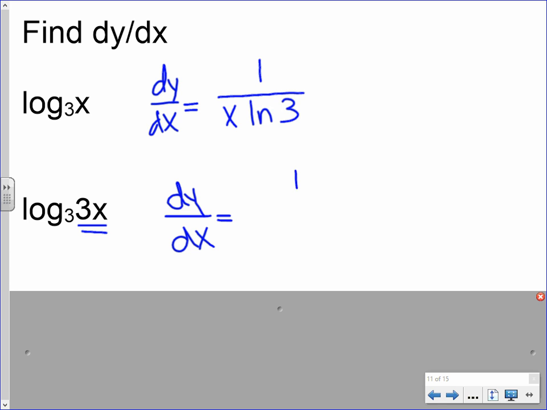So we have to say 1 over 3x times the natural log of the base. And since we have 3x inside of our logarithm, we have to multiply by its derivative.